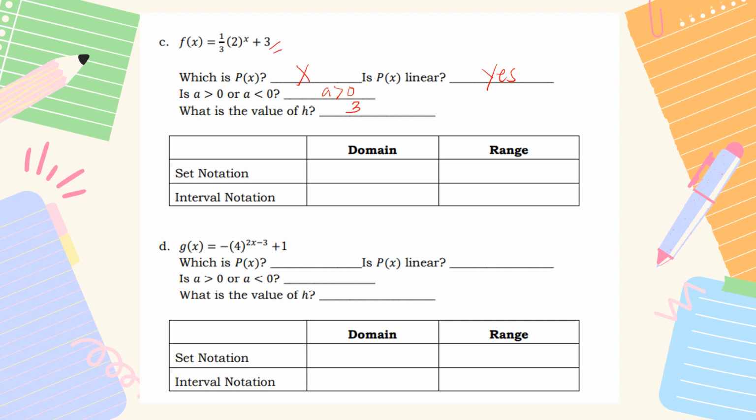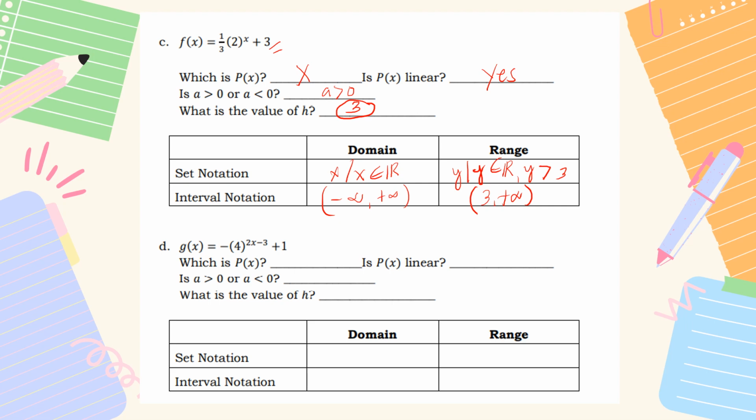So, from there, since it's linear, we can say that the domain are all elements of real numbers. It's from negative infinity to positive infinity. While for the range, it's y such that y are elements of real numbers and y is greater than. So, this is where we use h. 3. So, it's from 3 to positive infinity.